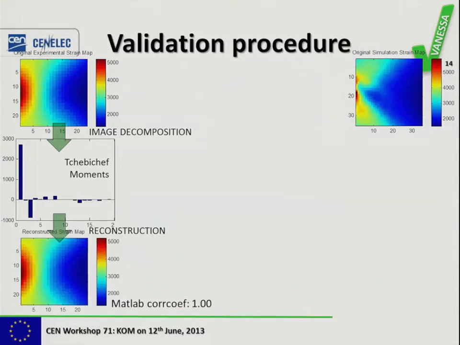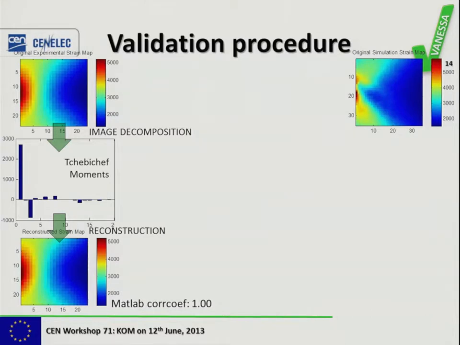Here's my reconstruction. And if we do a simple correlation using the MATLAB code, we can look at the degree of agreement between my reconstruction and my original data. In this case, it's 1. It's essentially perfect.